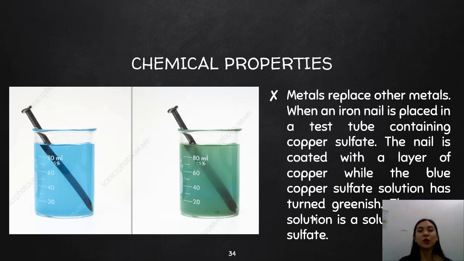Pero kasi ang hindi pinakita doon, may mga metals kasi that when you try to put it in the solution, tapos nag-react siya, nagbabago din yung color ng solution. So as you can see here from blue, which is your copper sulfate, diba, iron, ni-replace ni iron yun, and then yung solution, hindi na siya copper sulfate. Naging iron sulfate na siya. Single replacement or a single displacement as they call it.